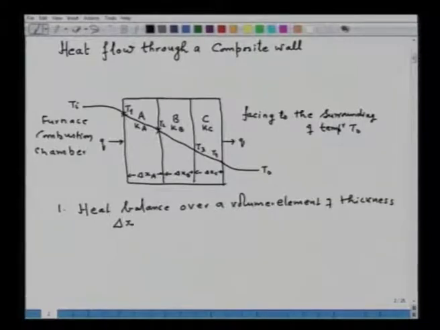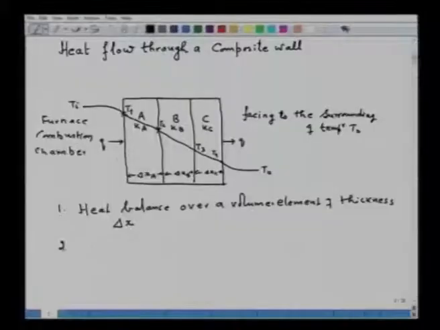Now, this heat balance we have to perform for each material, and then we have to substitute the Fourier's law of heat conduction and get the temperature gradient and so on. So, this is one approach. You do heat input is equal to heat output in each material, and then simultaneously solve the equations and you get the heat flow through a composite wall.